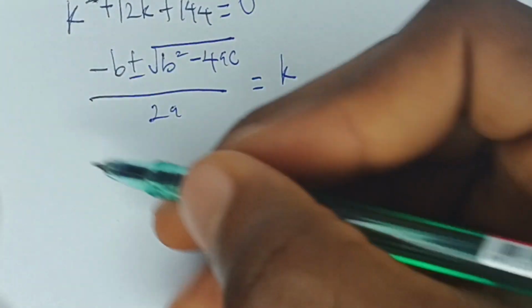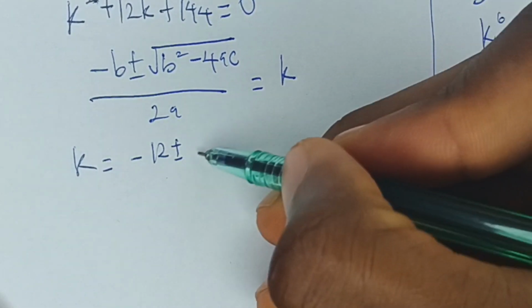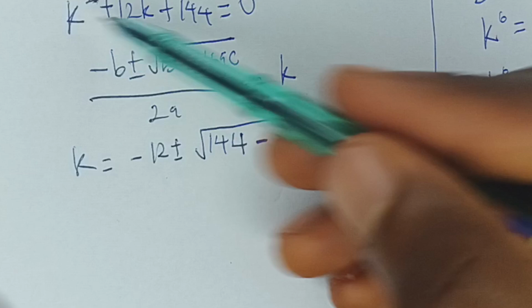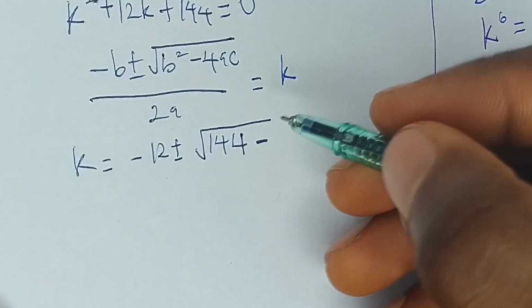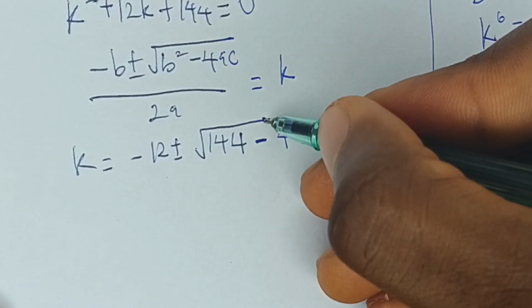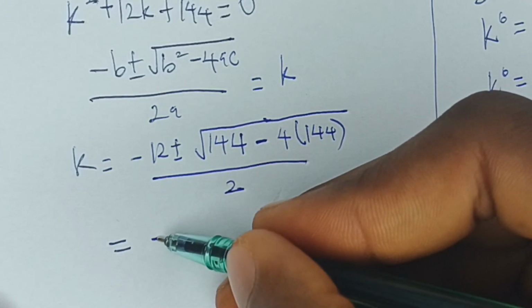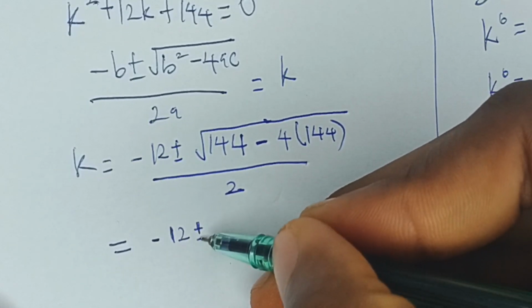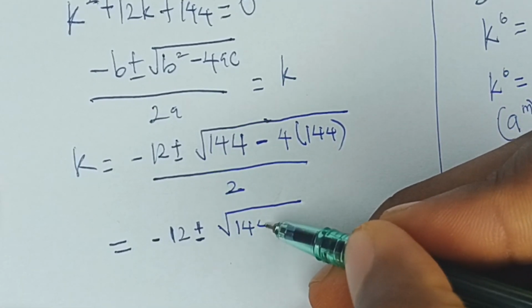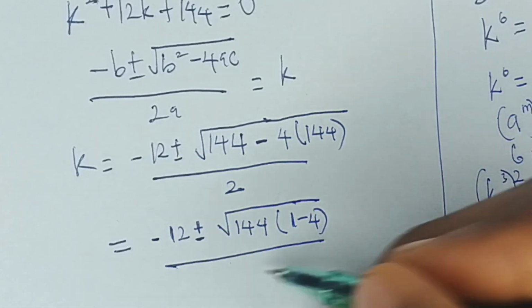Substituting the values for a, b, and c here, we have that k becomes equal to minus 12 plus or minus the square root of 12 squared, which is 144, minus 4 times a, which is 1, times c, which is 144, all over 2 times a, which is 2 times 1, which is 2, okay, and this is equal to minus 12 plus or minus the square root of, and we can factor out 144 from this, so we have 144 into 1 minus 4 all over 2.